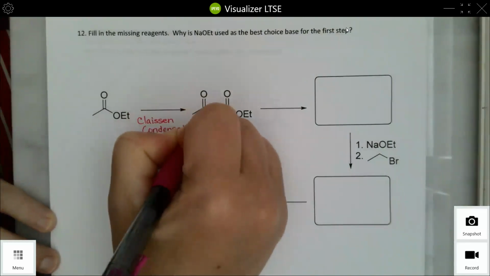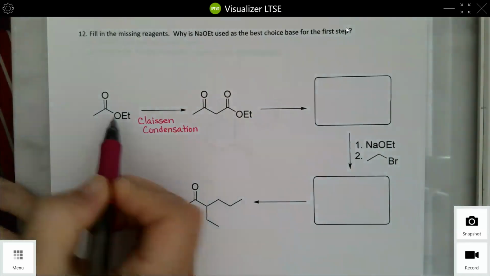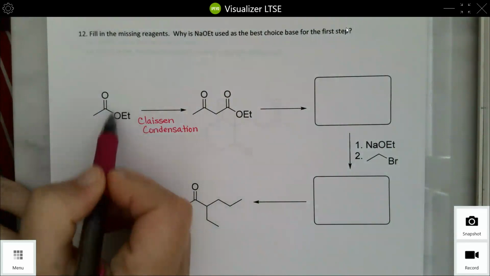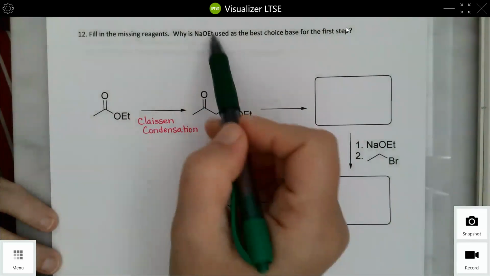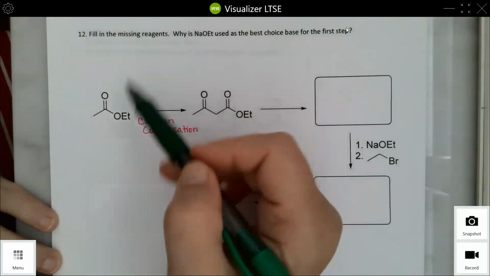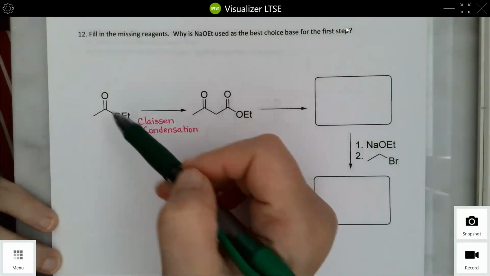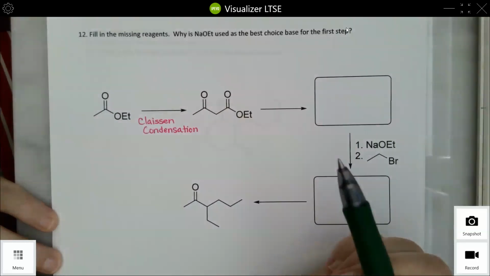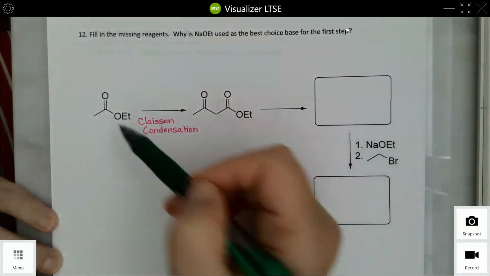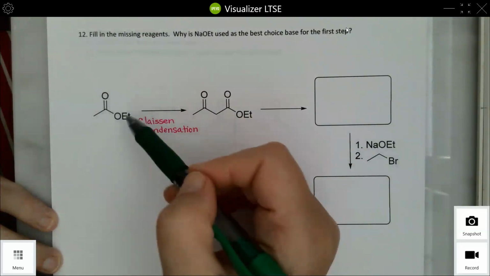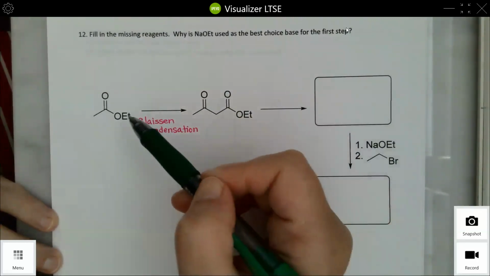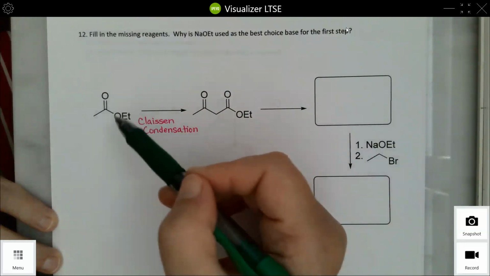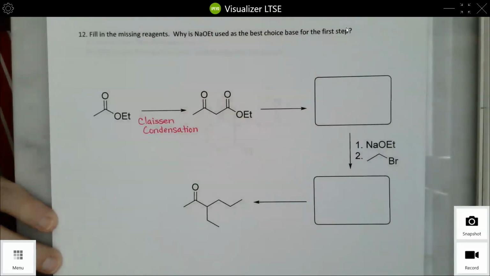And we use the matched alkoxide. Because this is an ethyl ester, that's why we want to use sodium ethoxide, because if you use sodium hydroxide, or any other alkoxide like sodium methoxide, we would get hydrolysis of the ester to the carboxylic acid, or we would get transesterification to another ester, which would complicate this reaction.